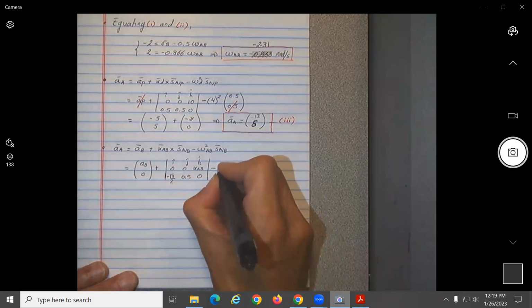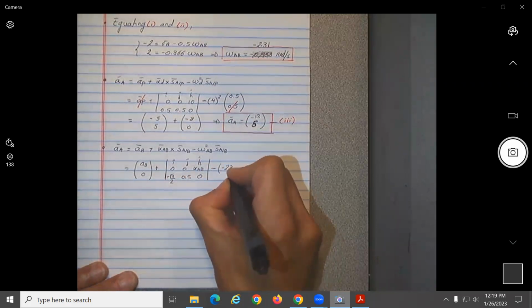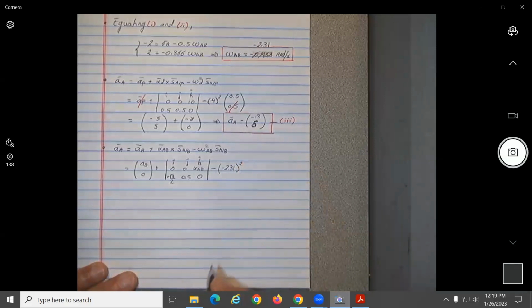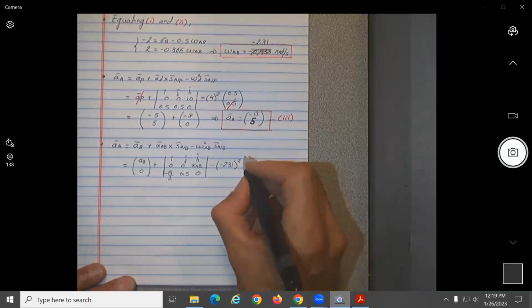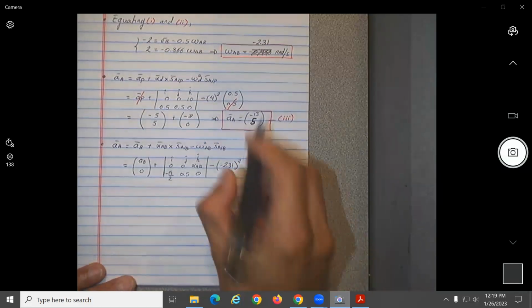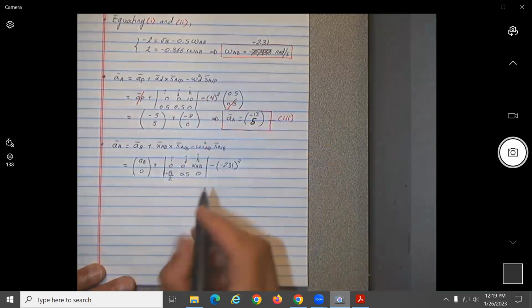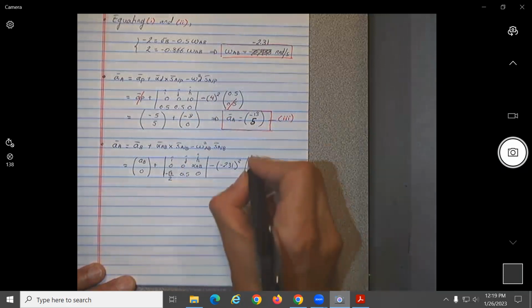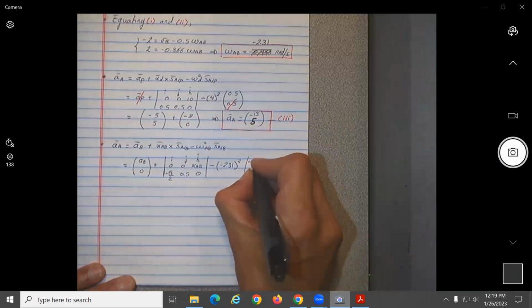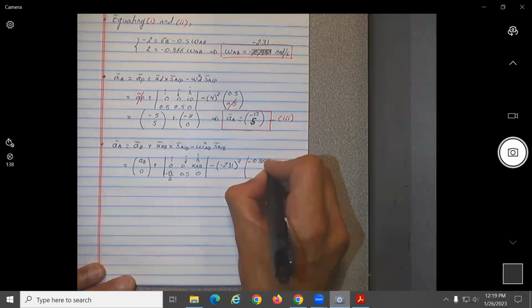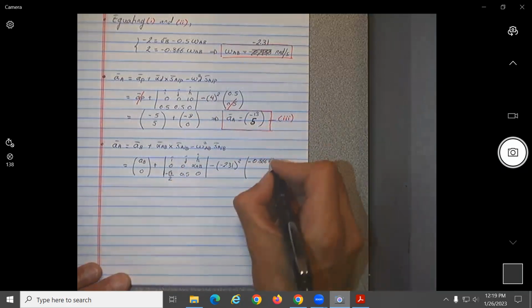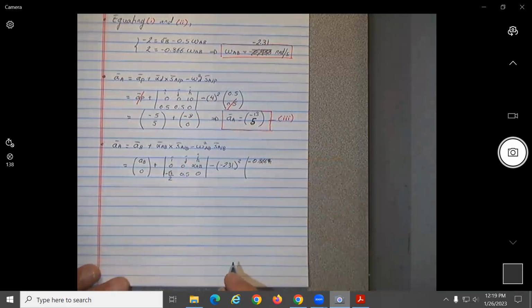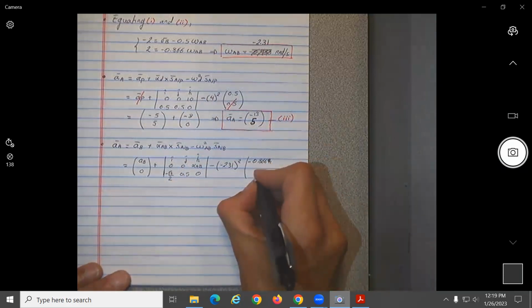Minus negative 2.31. Yeah, so here I'm going to need your help again. Negative 2.31, because this is the omega that we calculated before, omega B. That's what we needed. And the position of A with respect to B, this time if you want to put the value 0.8667, or 66. It's 66, so there's no change. And 0.5.